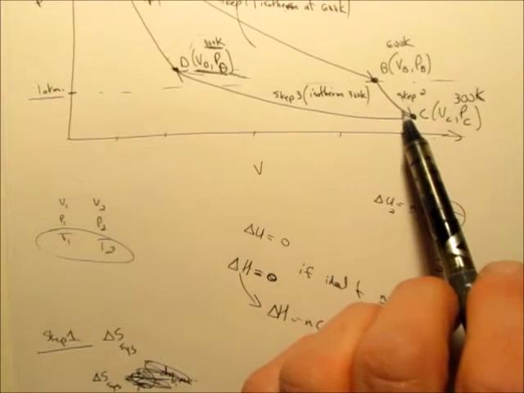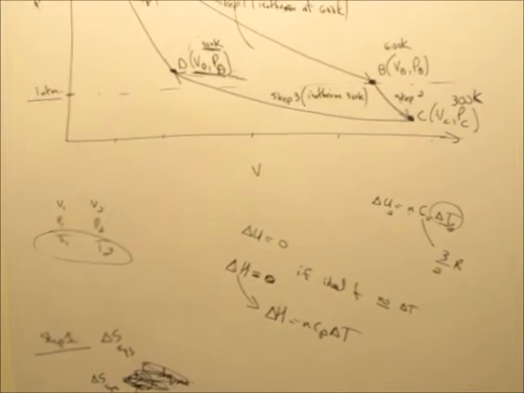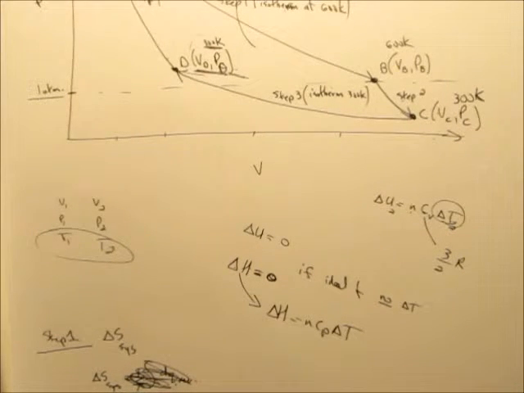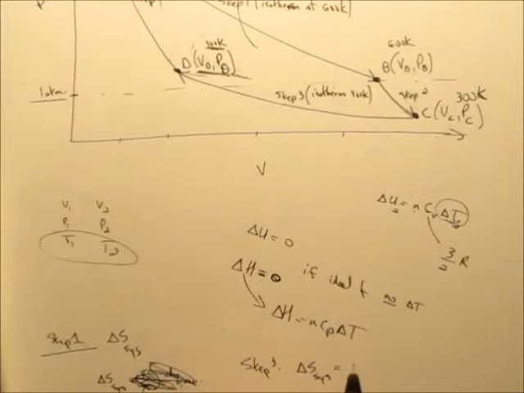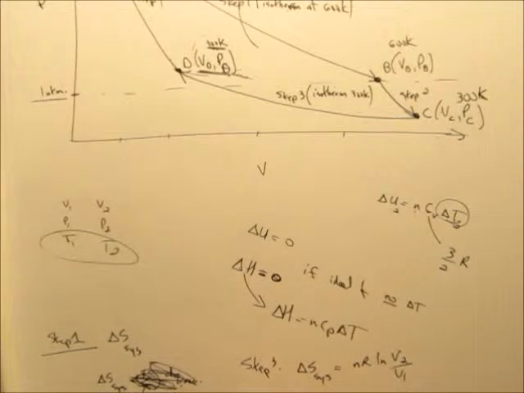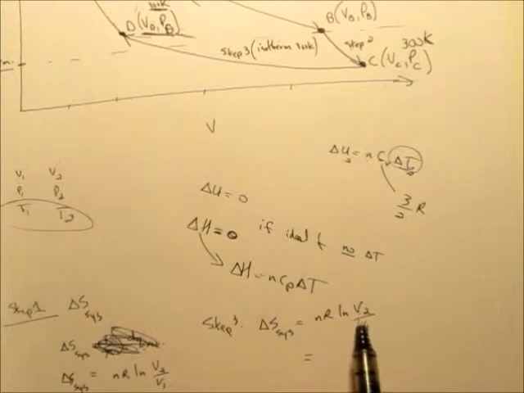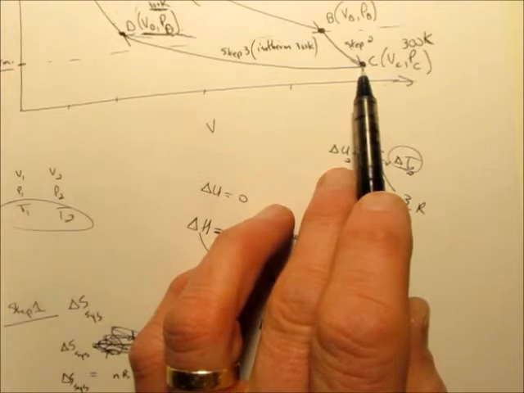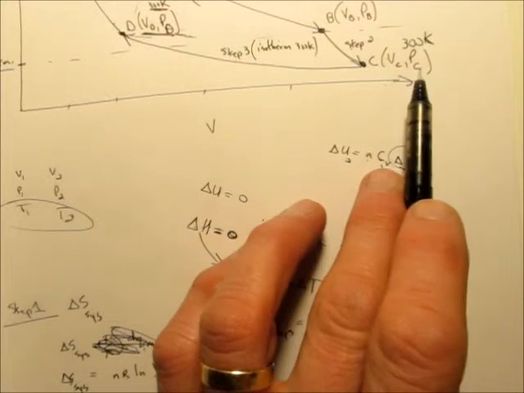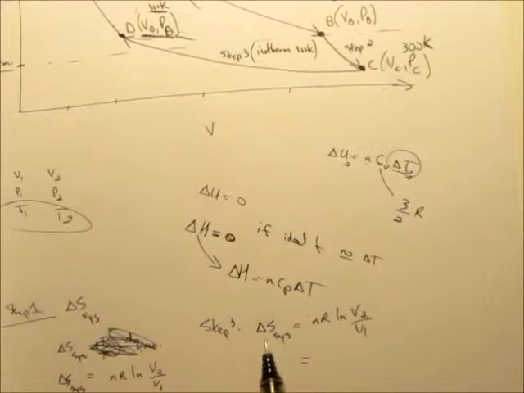Now, notice that for step 3, you're going to end up using the same type of formula, NR ln V2 over V1, which means for step 3, V2 is VD and V1 is VC. So step 3 would be VD over VC.